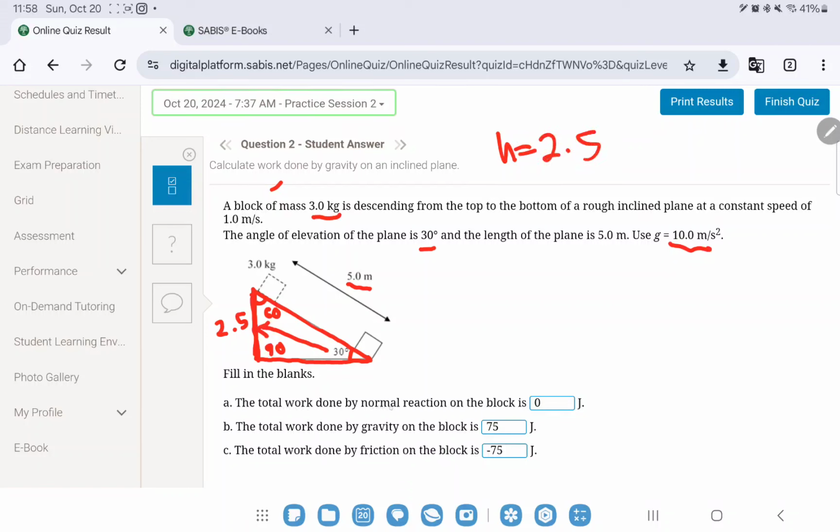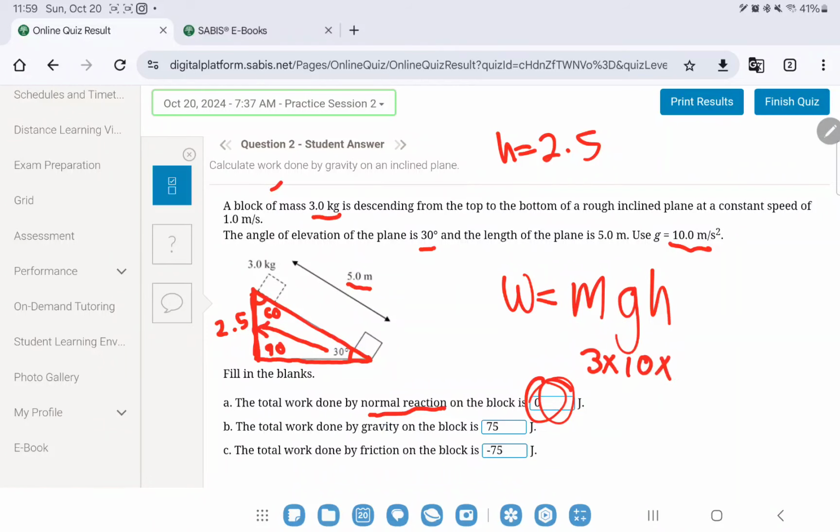Now let's find the total normal reaction. We said normal reaction work is always 0. You can't get it wrong. The total work done by gravity on the block: work by gravity equals mgh, where m is 3 kg, g is 10, and h we found to be 2.5.